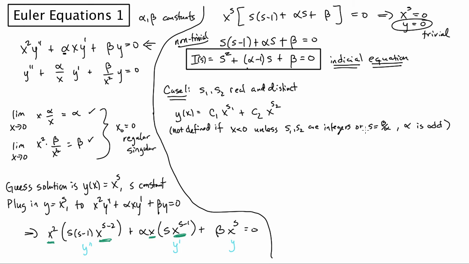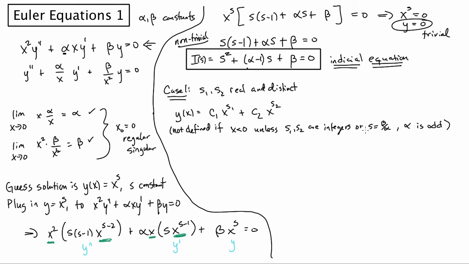Now, that's a lot of ifs, ands, or buts for this. Let me explain what this really means. You would have this pair, x to the s1, x to the s2, where s1 and s2 are powers. We know that you can't stick negatives inside square roots. So where do square roots come from? Well, square roots come from fractional powers. So if s1 is 1/2, then x to the 1/2 is the square root of x, and I cannot plug negative answers into it.